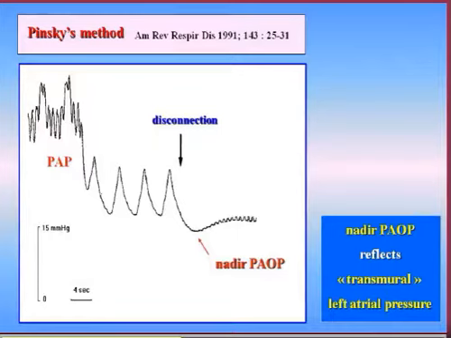He compared this value to the transmural left atrial pressure, because he studied patients during and after cardiac surgery and measured left atrial pressure directly and pericardial pressure, and he demonstrated that nadir PAOP well reflects transmural left atrial pressure. So it is a possibility.